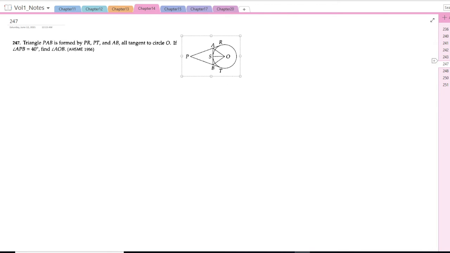Okay, now let's do problem 247. The triangle PAB is formed by PR, PT and AB, which are tangent.